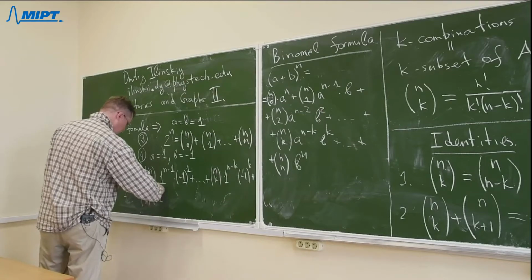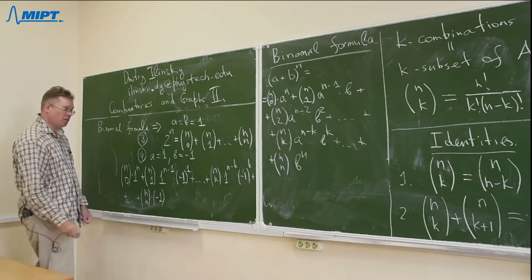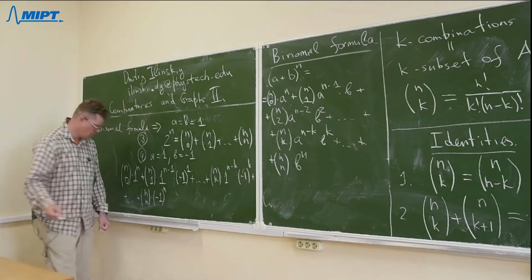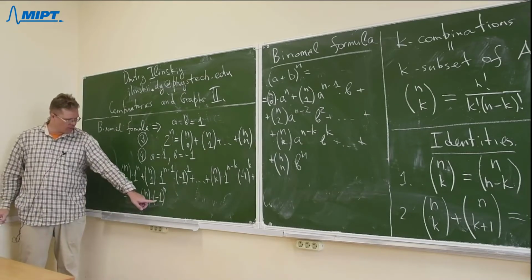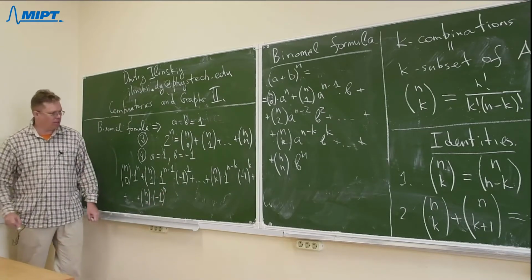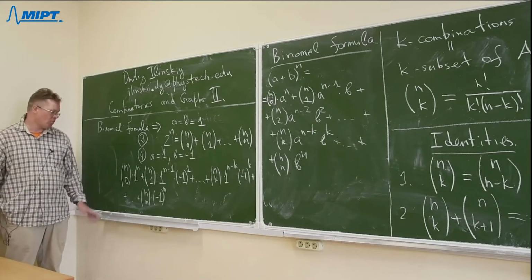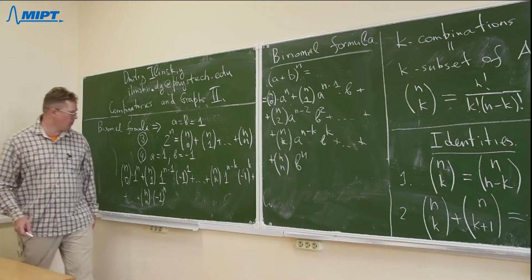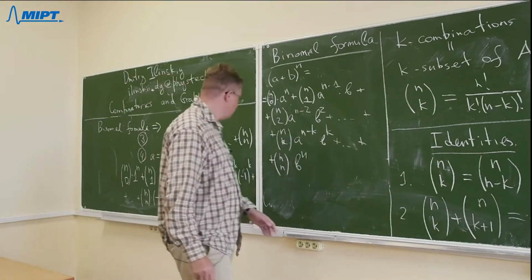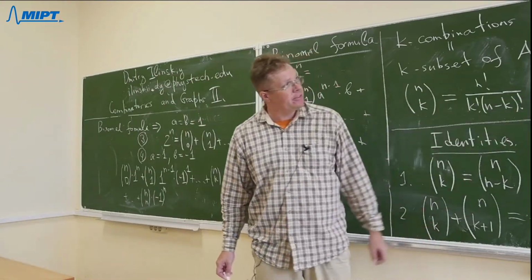And the last will be n choose n times minus 1 to the nth power. So if you forget about the ones, we just get this alternating sum.